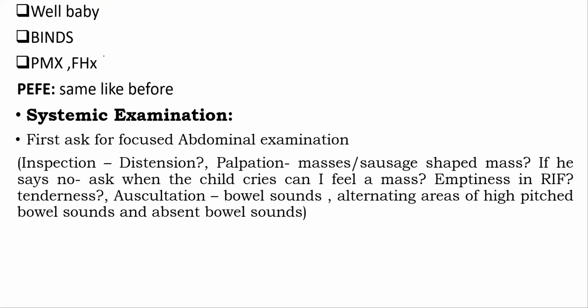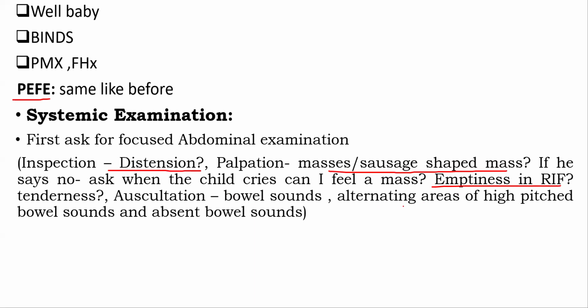Finish with well baby checks, past medical and family history. Physical examination will be same like before, but the findings you can get in here, because intussusception is kind of an obstruction, so child can have distension of the abdomen. On palpation, you can feel a sausage-shaped mass. You can also get emptiness in the right iliac fossa.